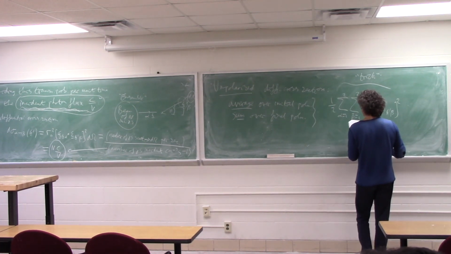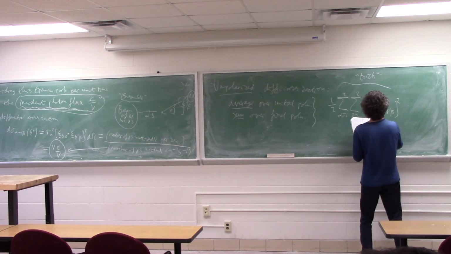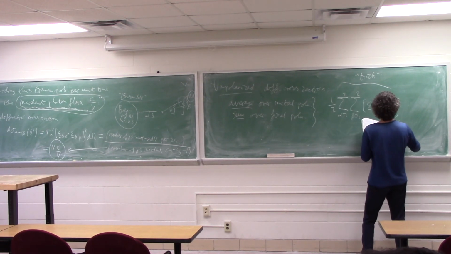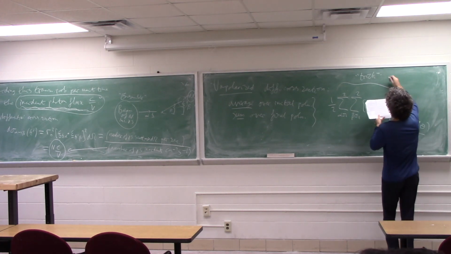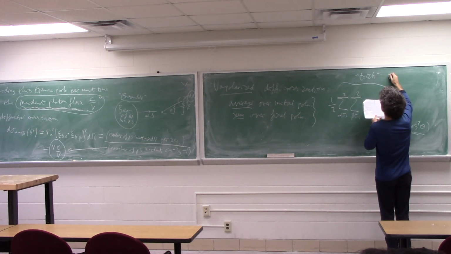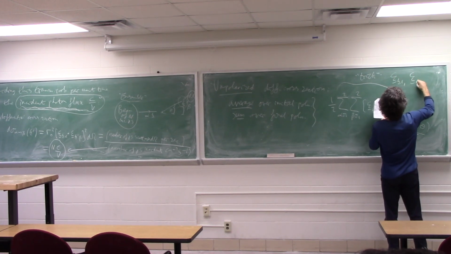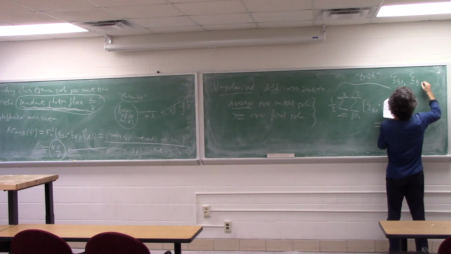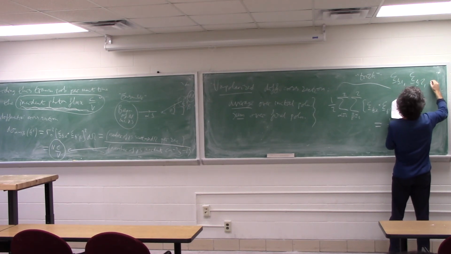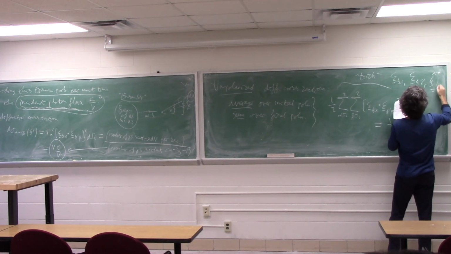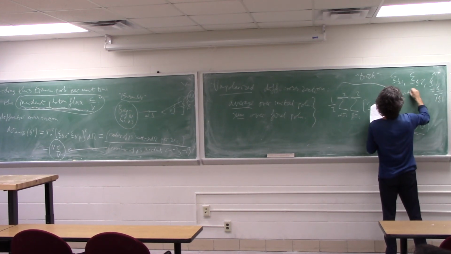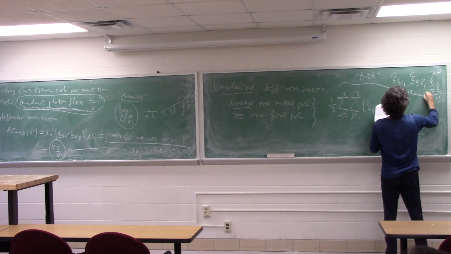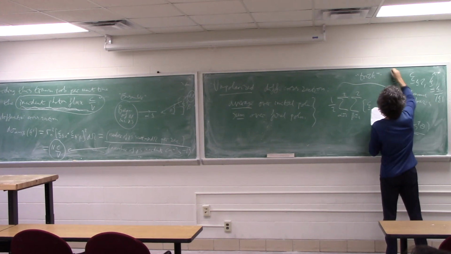If you use that trick, you can show that this comes out to be a half times 1 plus cos squared theta. It's the same trick that we used before.